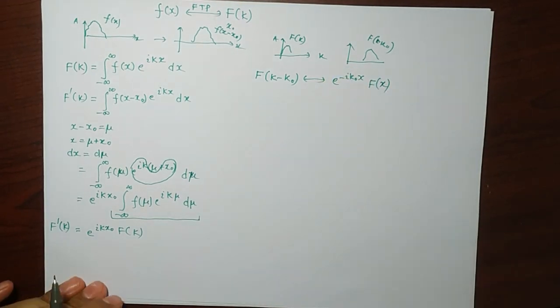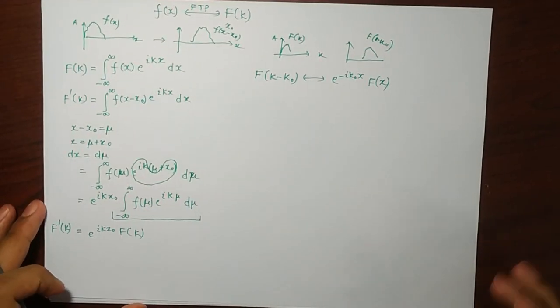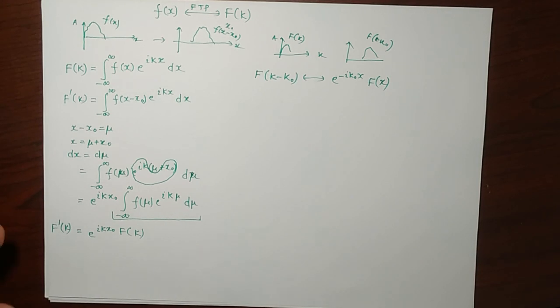So again you can see that it is adding a phase term to the existing signal. So moving the signal either in the frequency domain or in the spatial domain basically induces a phase term in the other domain. This is very clear from this example.